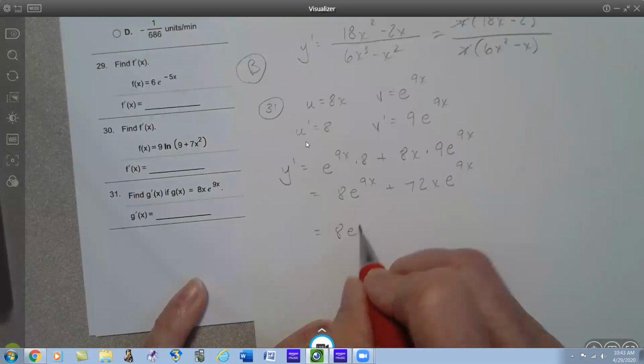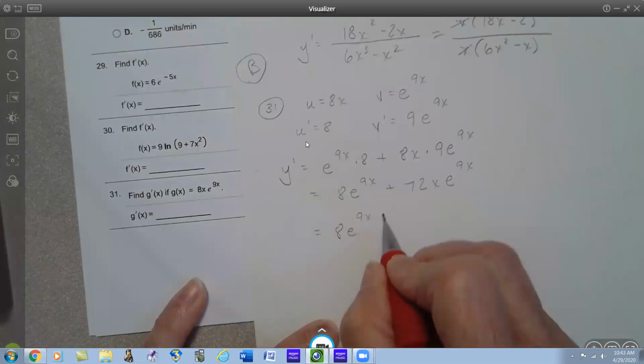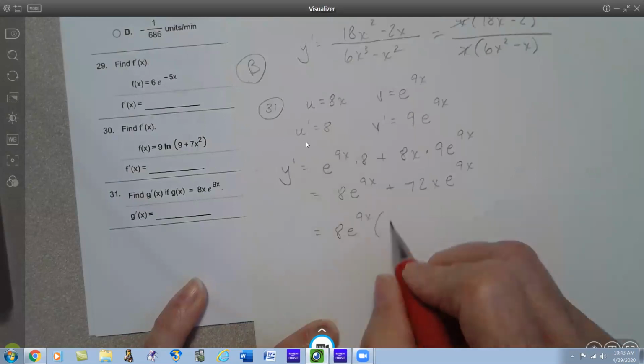Actually, if the answers are in factored form, you can multiply those back through to see which one matches up with yours.